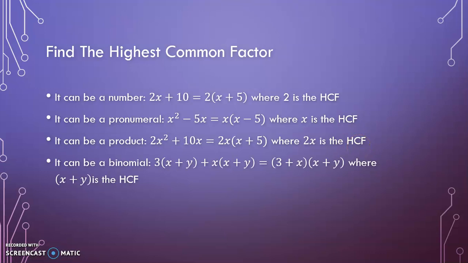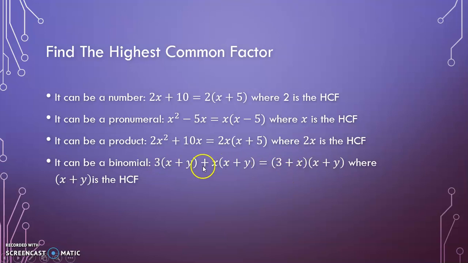Well, it can also be a binomial. Look at this expression, 3 times a bracket and x times a bracket. We notice that the 2 brackets are exactly the same. They are the same binomial. Therefore, we can take that binomial out and then leave 3 and plus x inside the bracket.